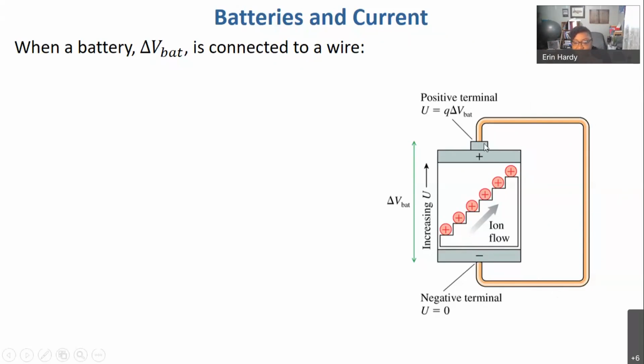Some of the potential energy that our charge carrier gains after it moves up the imaginary escalator is going to be turned into motion, because our charge carriers are actually moving. So there's some kinetic energy to account for. But as soon as that charge carrier goes into, let's say, a light bulb, it's going to lose some of that potential energy as both radiant energy and heat.